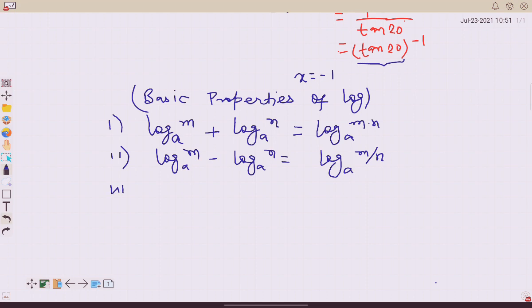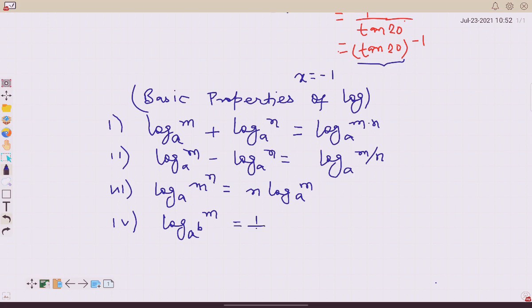Third one is log m raised to the power n with base a, so we can take n outside and write n log m base a. Fourth one is, if the base has a power, a raised to the power b, then we can write 1 upon b times log m base a.